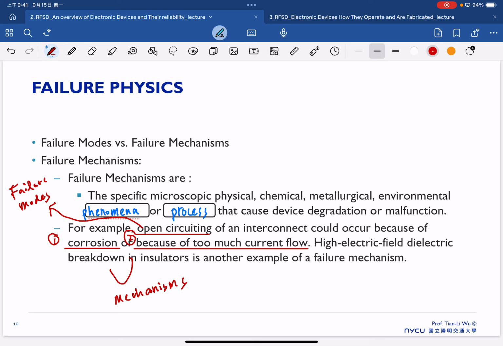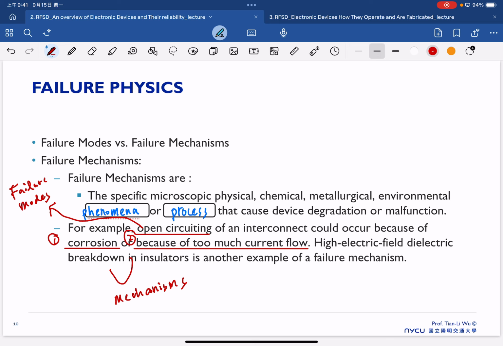So therefore, it's very important that when we look at device failure and try to understand the degradation, in the end we need to understand the failure mechanism that's responsible for this failure mode. Because if we can understand the failure mechanism, that will help us to further improve.